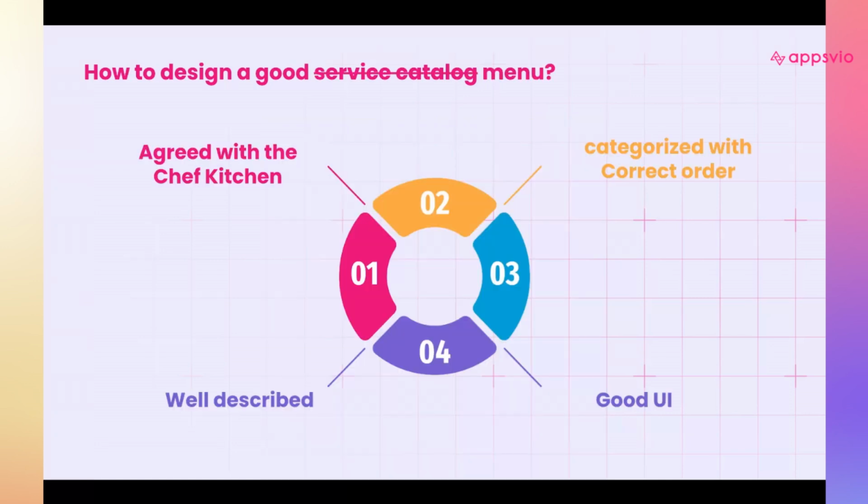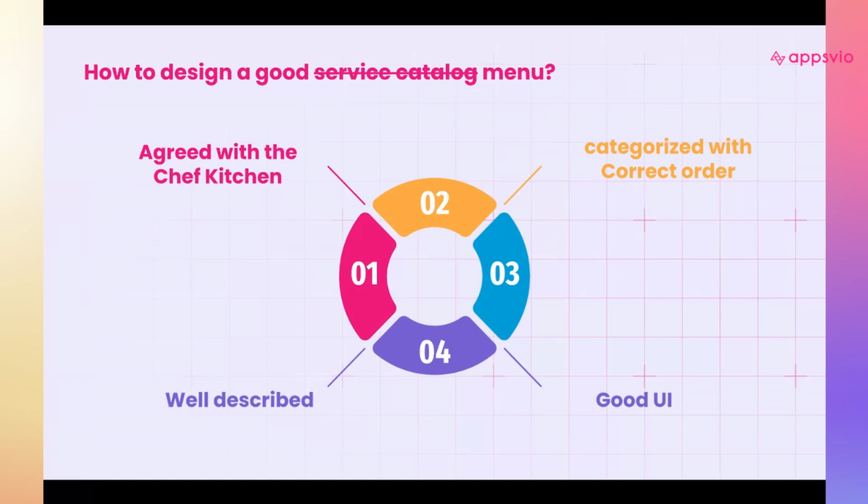And there are some tips. I think the most important is that the meal selection is agreed with the head chef. Imagine meals in the menu that the kitchen can't provide. Many people could be very upset in this situation. From the customer perspective, it's very important how the menu is designed.